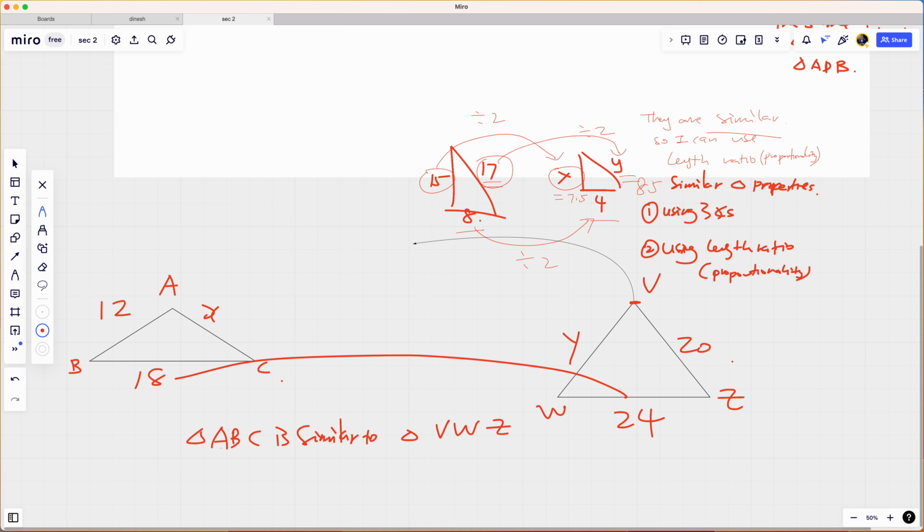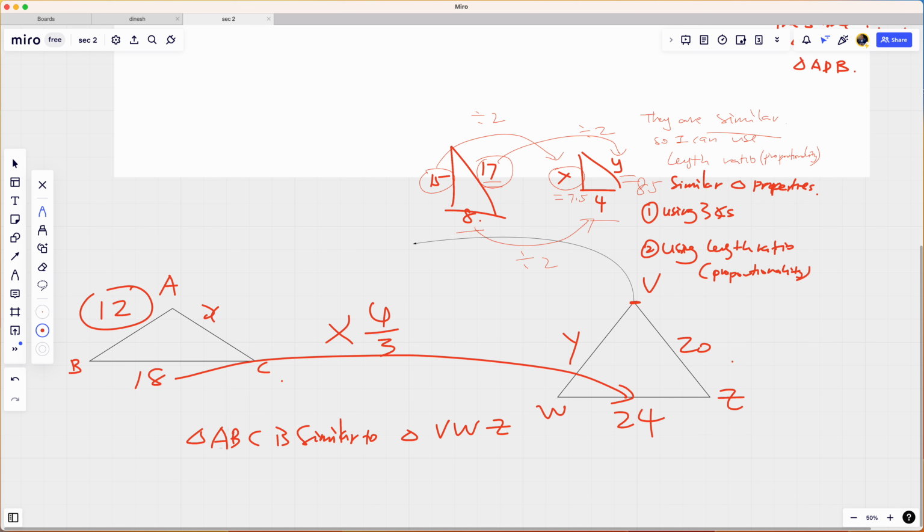This one, how do you get to 24? Times something, right? What is the something? So similarly, the 12 matches with which one?